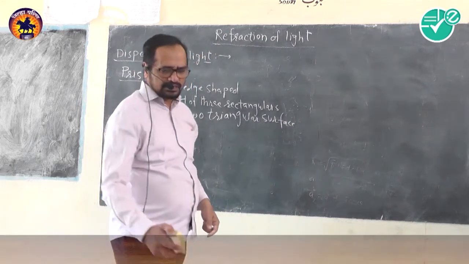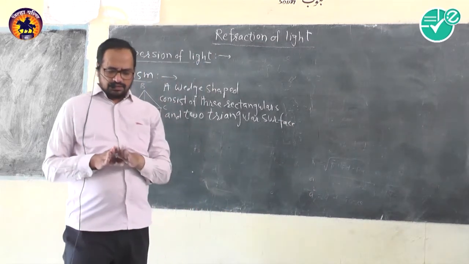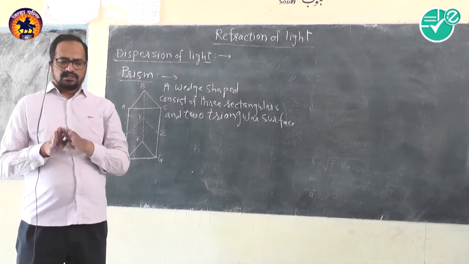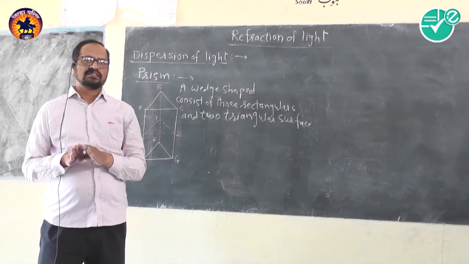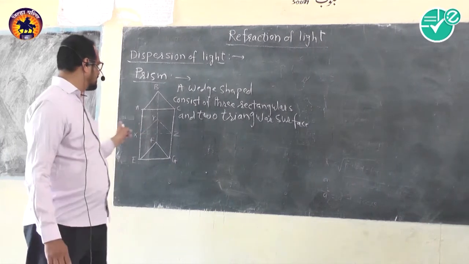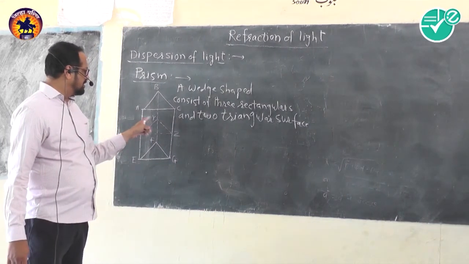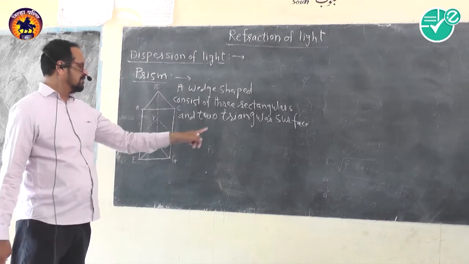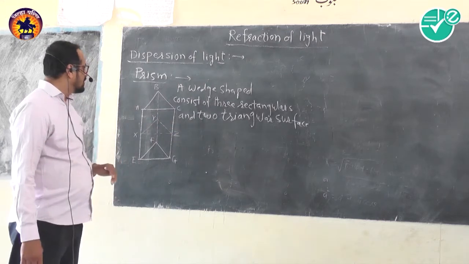If we take these surfaces, two of them are rectangular, and the light will enter and be emitted with the different 7 colors.